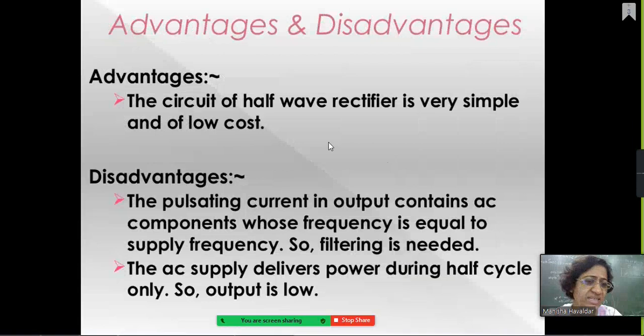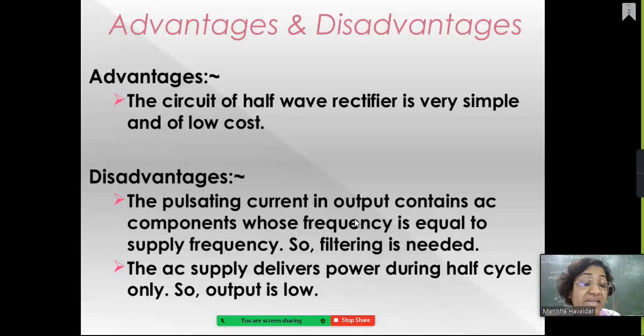Now let's see advantages and disadvantages of half wave rectifier. The advantage is the circuit of half wave rectifier is very simple and of low cost, naturally, because it consists of just a single diode and a single resistance. Disadvantage is the pulsating current in output contains AC components whose frequency is equal to supply frequency. So filtering is needed. Though we say that output is a pure DC signal, it is not so.